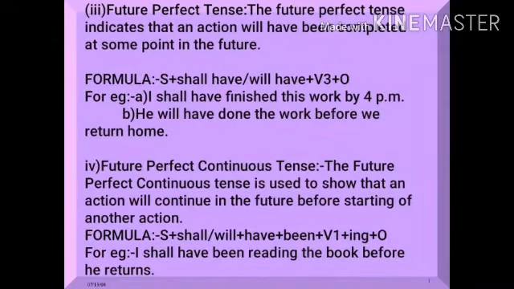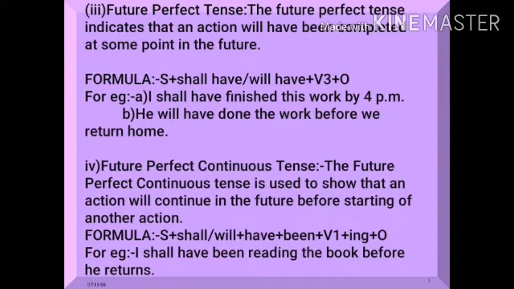Now, future perfect tense. The future perfect tense indicates that an action will have been completed at some point in the future. Or you can say that something will happen or occur before the time which is given, that is future perfect tense. So the formula you can see: subject plus shall have or will have plus V3 plus object.